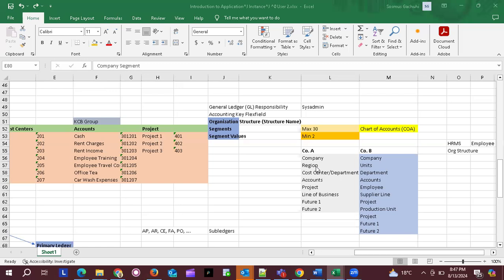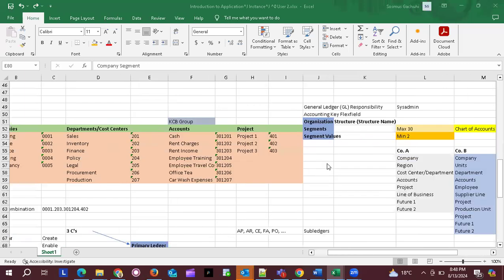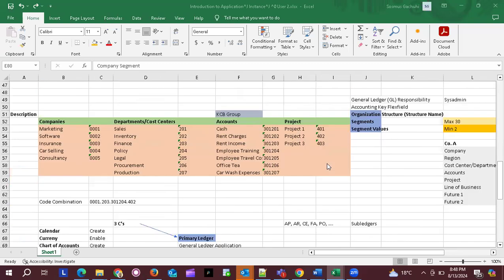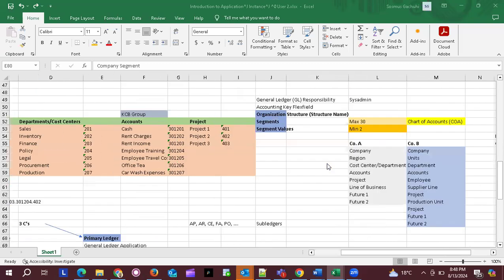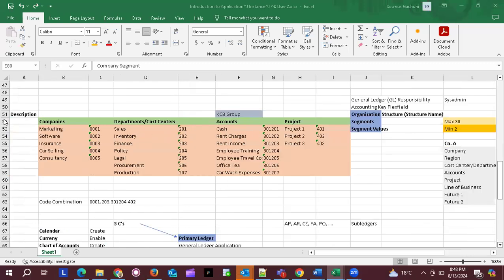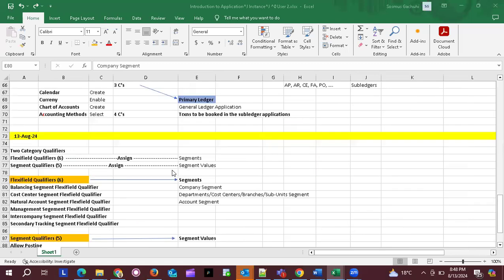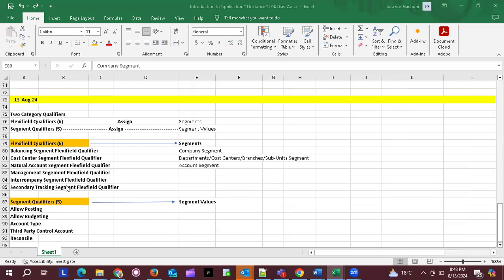So I would suggest we go deeper into this at another level. But in today's session, I would like you to have a broad picture of how we come up with the chart of accounts and how we might end up giving the chart of accounts certain characteristics simply because of how we want them to behave.